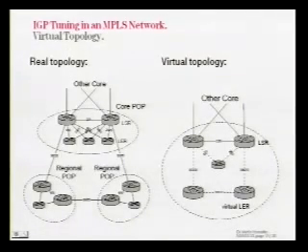On the left-hand side, you see an example of the real topology. Of course, there are more edge routers, more regions connected to each core POP, but I think this gives you an idea. And on the right side, you see how this is represented in our virtual topology: one symmetrically connected router and two asymmetrically connected routers.